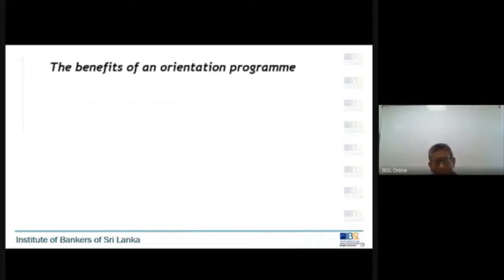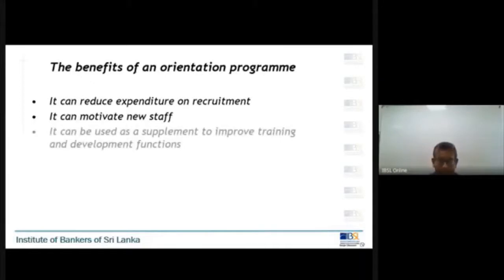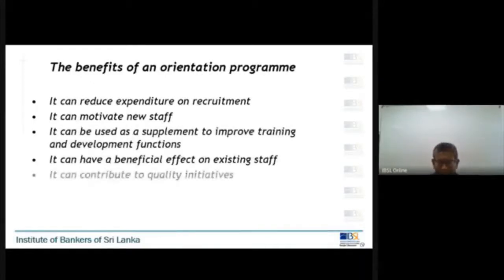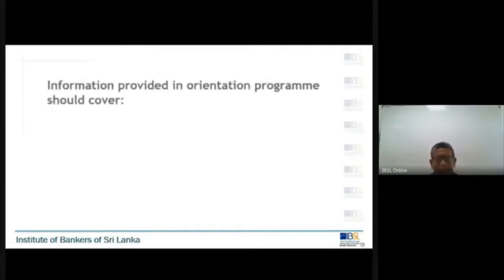So what are the benefits of an organization orientation program for an employee? It can reduce recruitment expenditure, because otherwise you need to get new people again and again, which is costly to the organization. I think we have discussed these things. Okay, right. Then, what information do you provide in an orientation program?